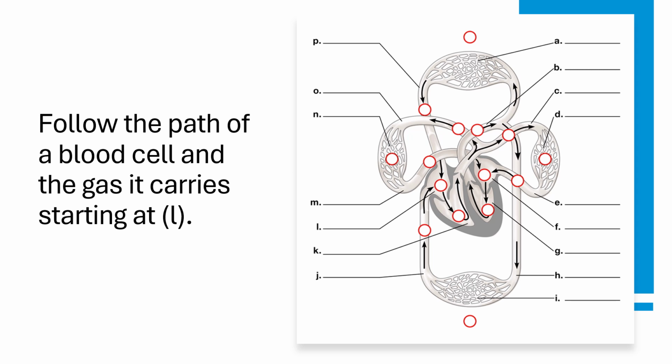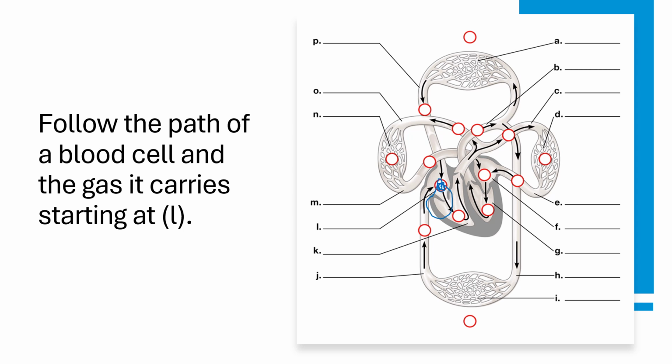So I included this so that you could maybe use it. I don't know if you want to take a screenshot of it or something, but I would like for you to think about following the path of a blood cell and the gas it carries, starting at, it's saying to start at L. So we're going to start there.